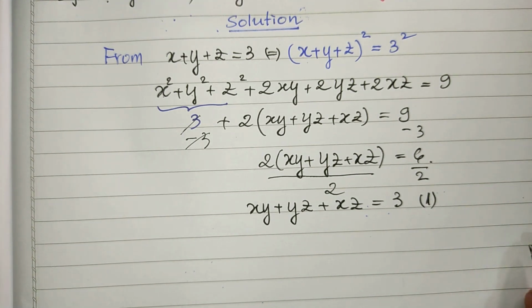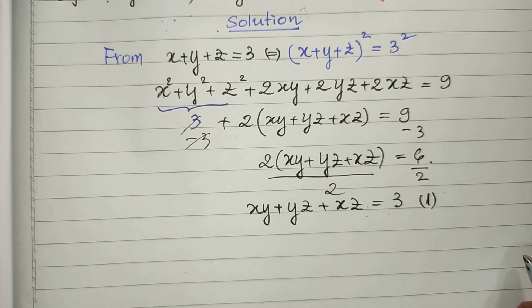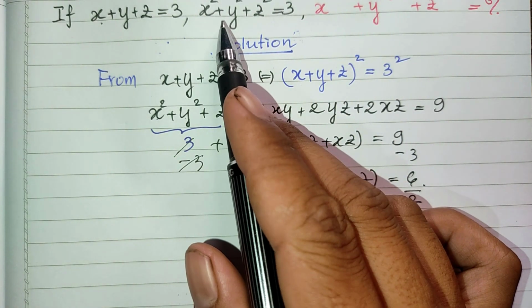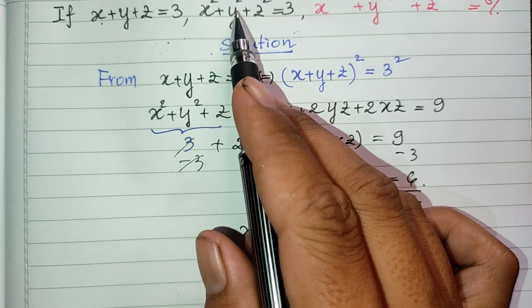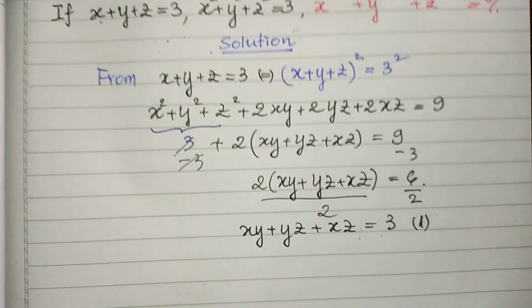From the given, x squared plus y squared plus z squared equals 3.